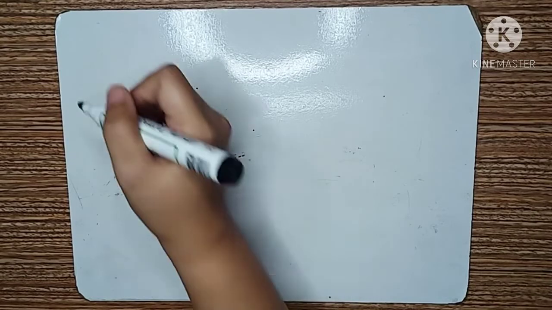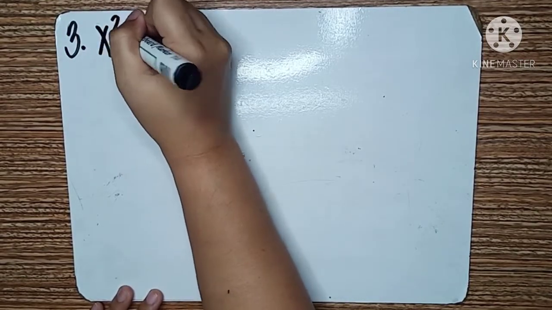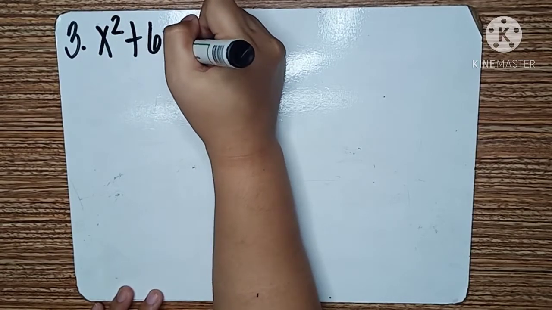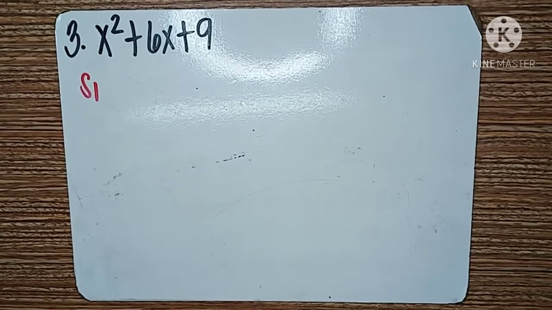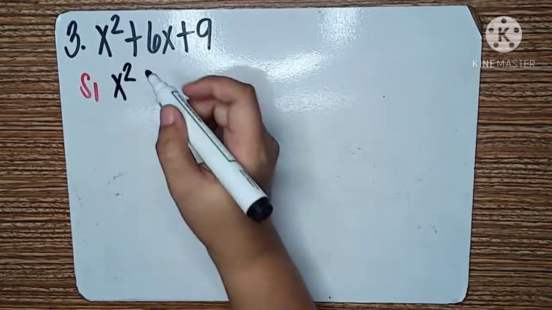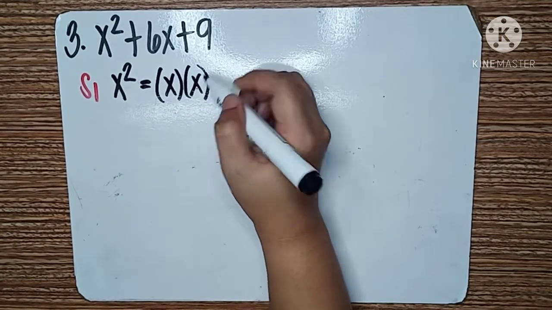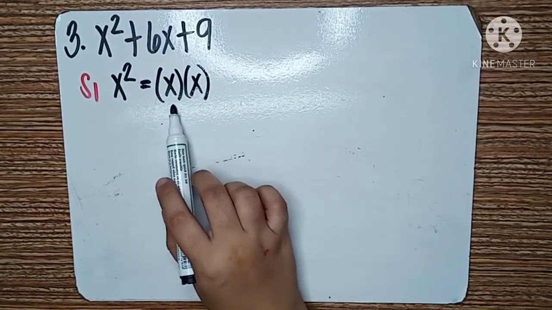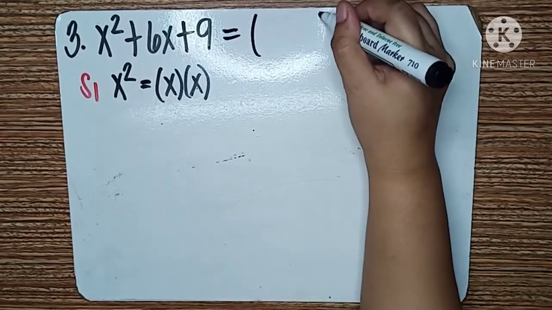Example number 3. X squared plus 6x plus 9. For step 1, we'll factor out x squared, our first term, which is x and x. And then we'll rewrite it as the first term of our binomial factors.